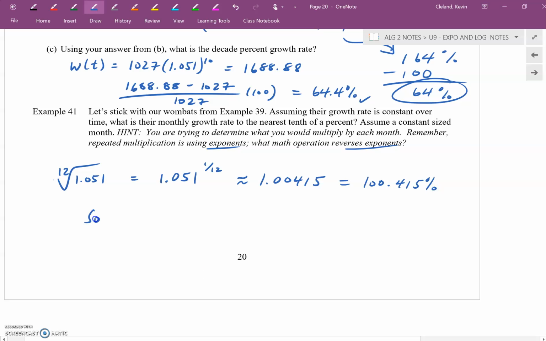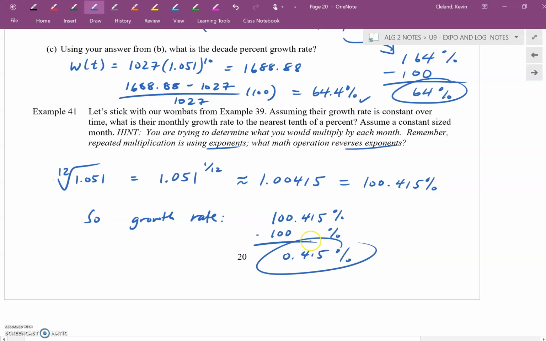So our growth rate is 0.415%. Remember, these are percents. Let me revise that a little because they did say to the nearest tenth of a percent. Okay, moving on.